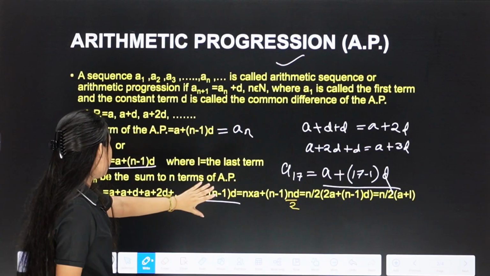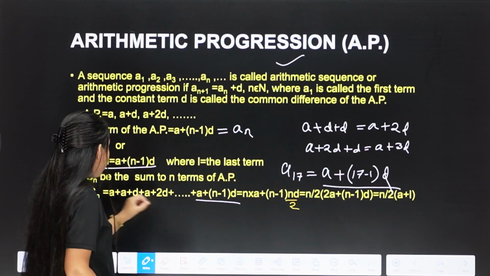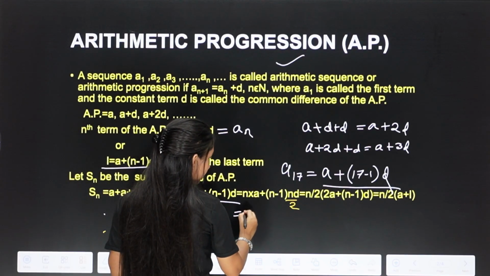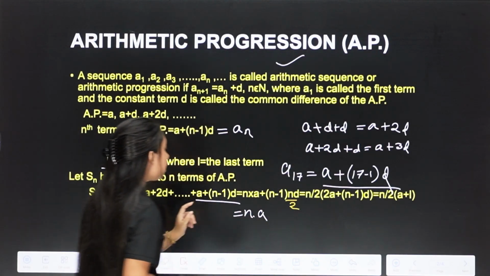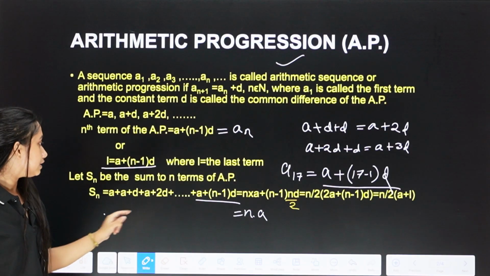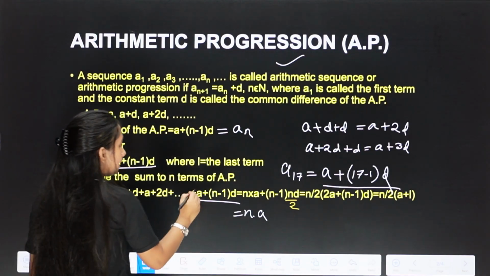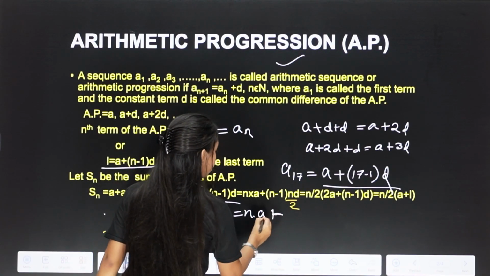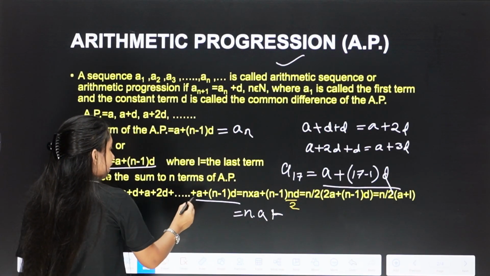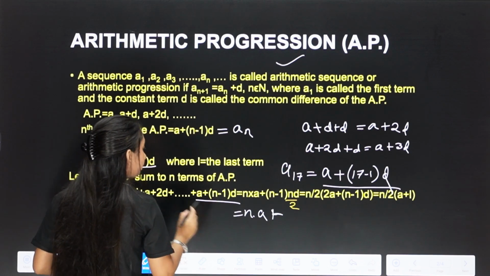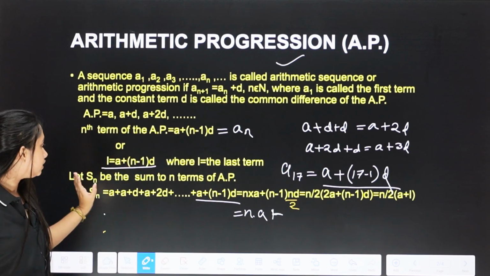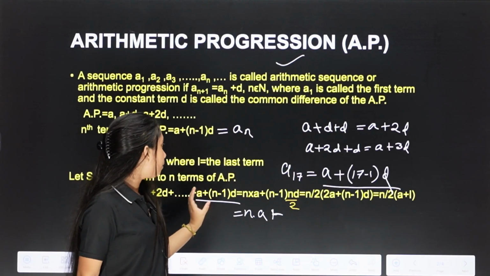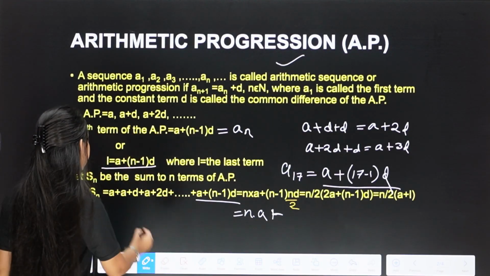So if we take A common, we will get n into A, because there are n numbers of A present in this sequence. Plus, we can see that there are n minus 1 numbers of common difference D present in this sequence.